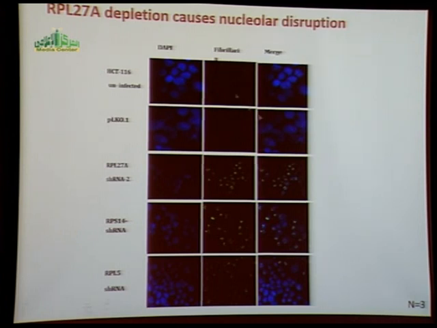Also, examining the effect on the nucleolus, we did confocal imaging using fibrillarin, which is a marker for the nucleolus, and it is very clear here that the knockdown of RPL27A or the other positive control led to disruption of the nucleolus compared to the empty vector or the uninfected cells.